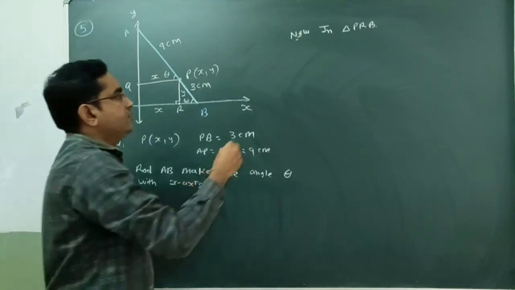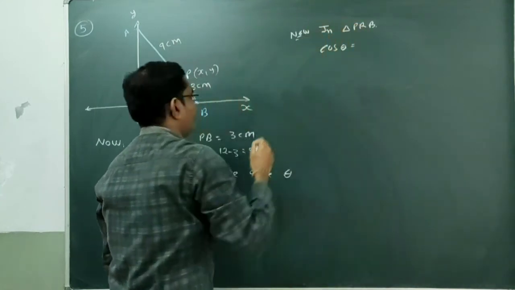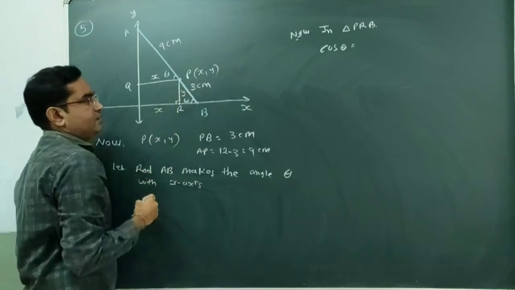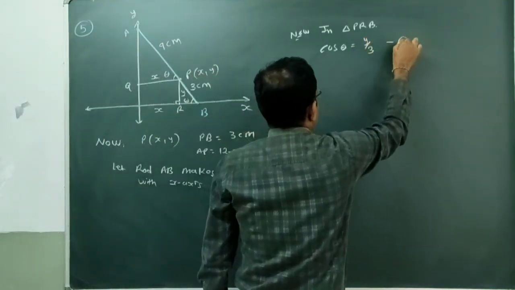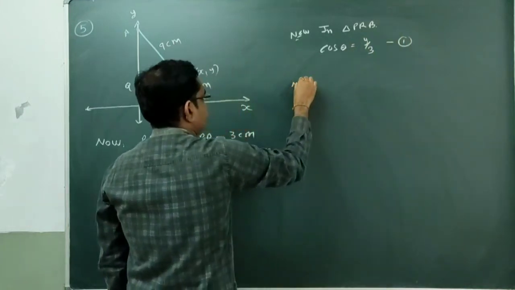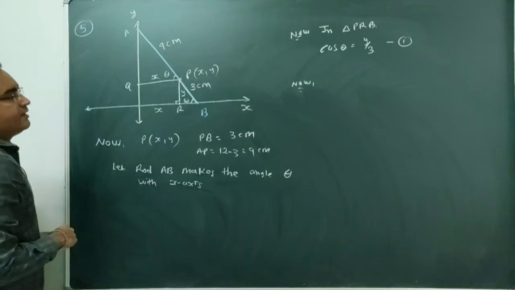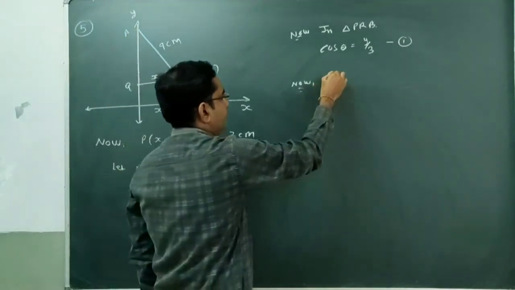So according to the definition of cos theta, it's the opposite side by hypotenuse. So it's y by 3. So the value of cos theta is y by 3. Say equation number 1. Now consider another right angle triangle, triangle AQP.